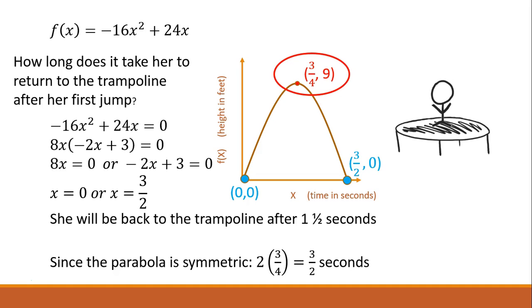It's the vertex of the parabola, and it's the point where the derivative was equal to 0. We had a horizontal tangent there. And at this point, our time is 3/2, so it's 1.5 seconds after she initially jumped from the trampoline, and her height off of the trampoline is 0 feet, which means she has landed back on the trampoline.